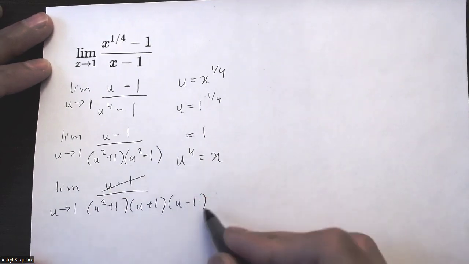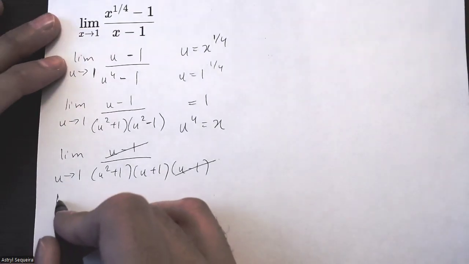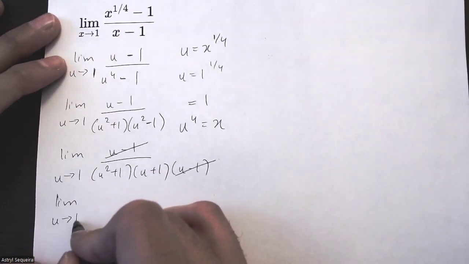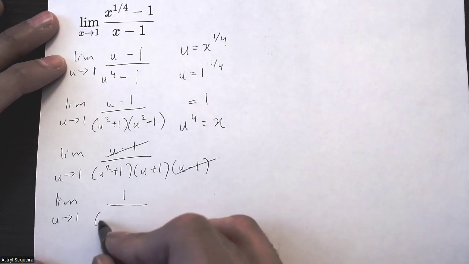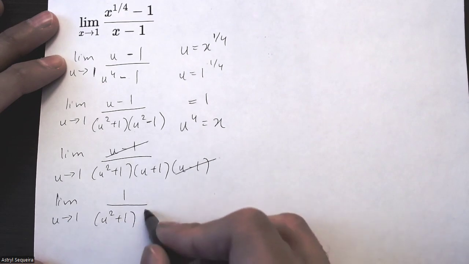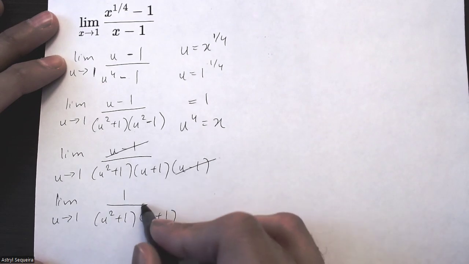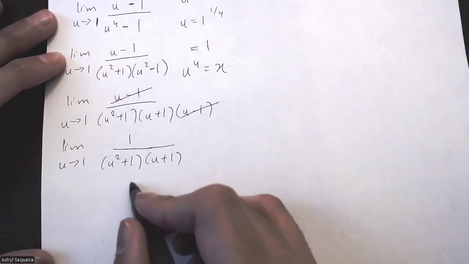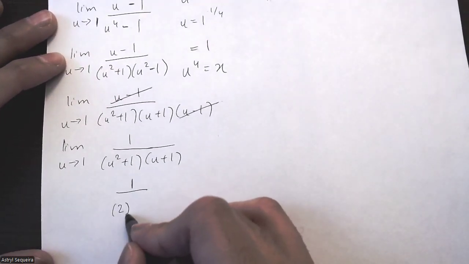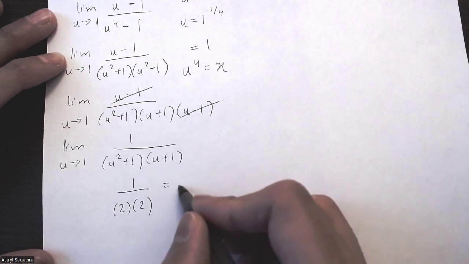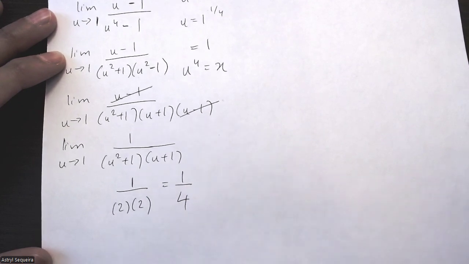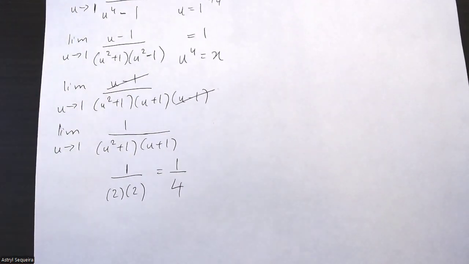Now I can cancel out these two, and I'm just left with 1 over u squared plus 1 times u plus 1. And now I can sub in my limit. So 1 over 2 times 2, which is just 1 over 4. And that's my final solution to this question.